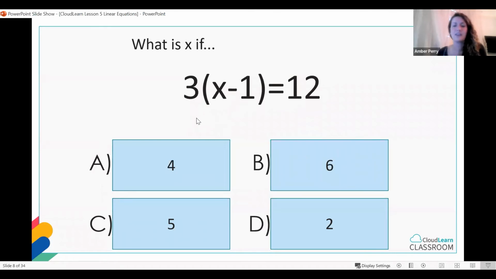So we've got 3 multiplied by the bracket x minus 1 is equal to 12. Give you a few minutes to think what this one might be. And I will launch the poll now.